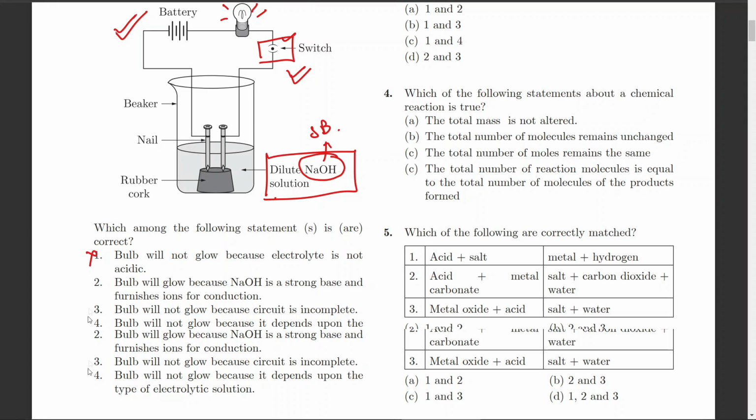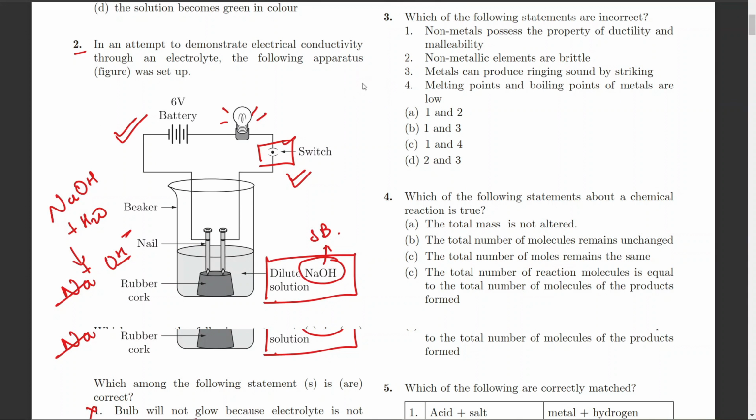So options first, third and fourth are absolutely wrong because in all of them we have given that the bulb will not glow. So all these are wrong. So we are only left with the second answer. That is, the bulb will glow because NaOH is a strong base and furnishes ions for conduction. As we already know, when we add NaOH in water, what is going to happen? We are going to get the ions, right? And these ions will help in the conduction of electricity.